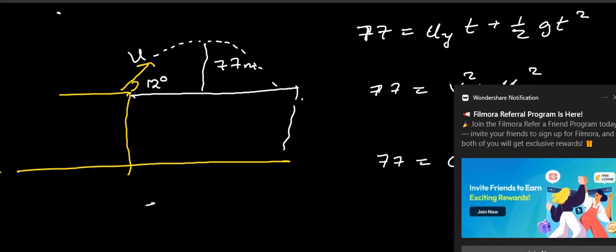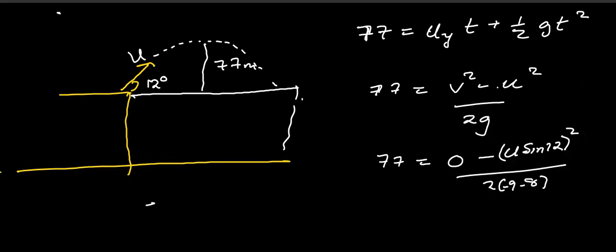If you cross multiply, we're going to have 77 negative with 2 and 9.8.